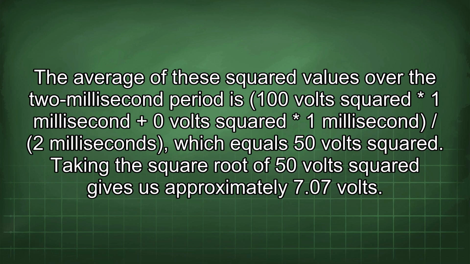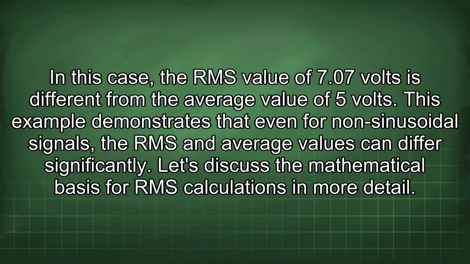Taking the square root of 50 volts squared gives us approximately 7.1 volts. In this case, the RMS value of 7.1 volts is different from the average value of 5 volts. This example demonstrates that even for non-sinusoidal signals, the RMS and average values can differ significantly.